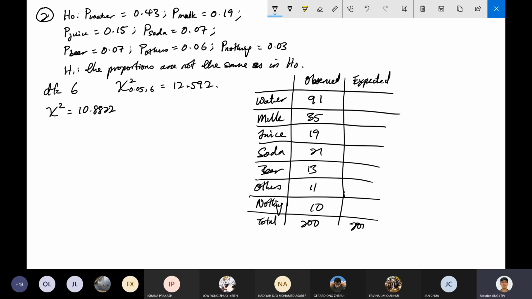So for expected, you take 200 and essentially multiply it up. Here water you expect is 0.43 multiplied by 200, you get 86. Then milk is 0.19 multiplied by 200, you get 38. Juice is 0.15 multiplied by 200, you get 30.